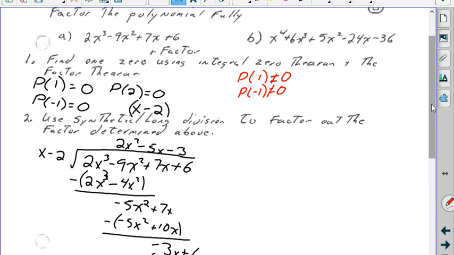Does 2 work? 16 plus 48 is 64, plus 20 is 84, minus 84 minus 48. Okay, p at 2 works.